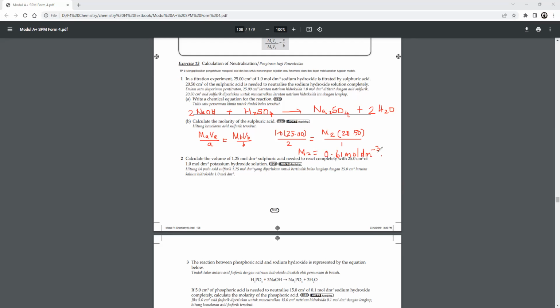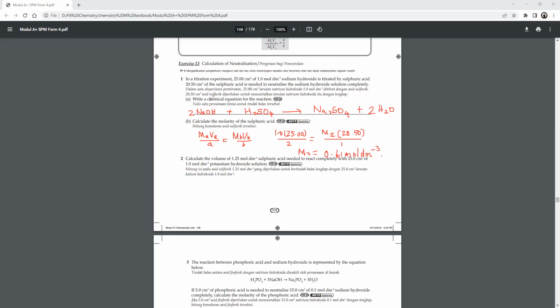Are you okay with here? We do number 2. I want you to try number 2 and give me your answer. This one is not that hard. First of all, you write the equation first. Sulfuric acid and potassium hydroxide, you actually no need to write the equation.